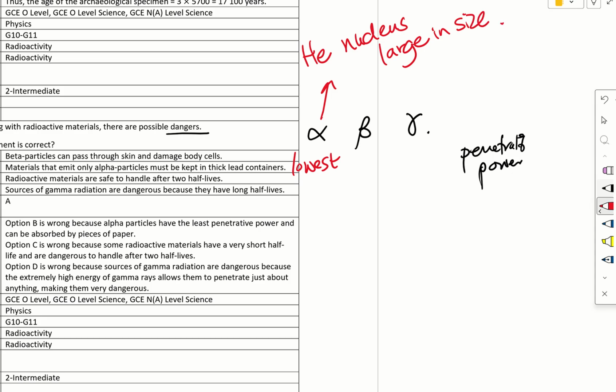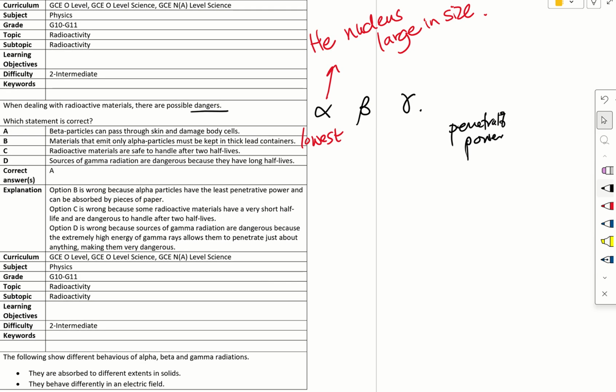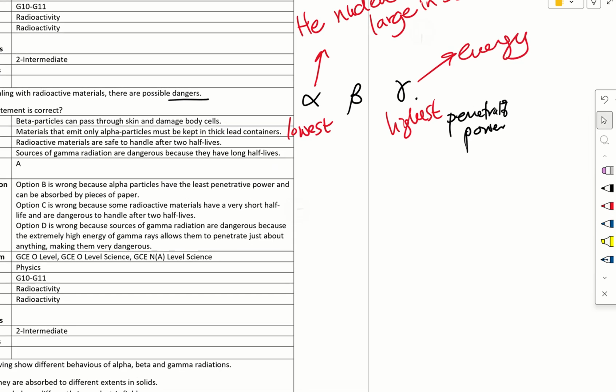Okay, so it is unable to pass through because of the size. And that will make gamma the highest penetrating power, because gamma is just like a kind of energy, like a gamma ray.